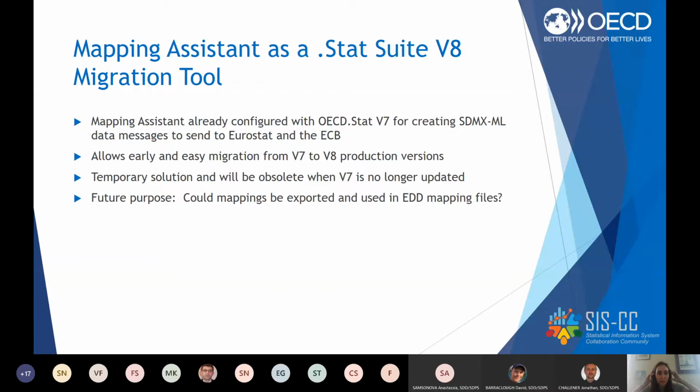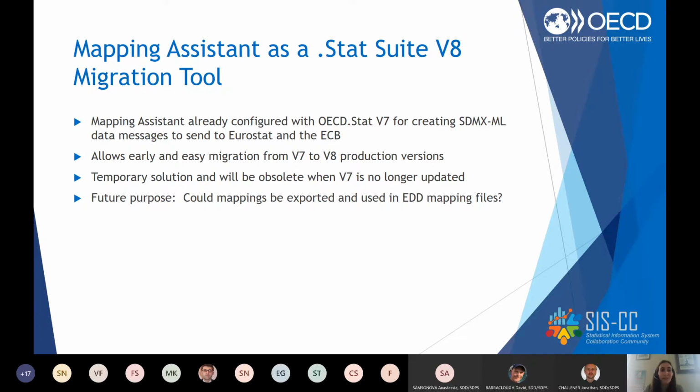But unfortunately, it's a temporary solution because what it's doing is taking data sets that are still updated on version 7 and translating them to the data structures that we want, so that we can then upload those data messages into the DLM of .stat suite.